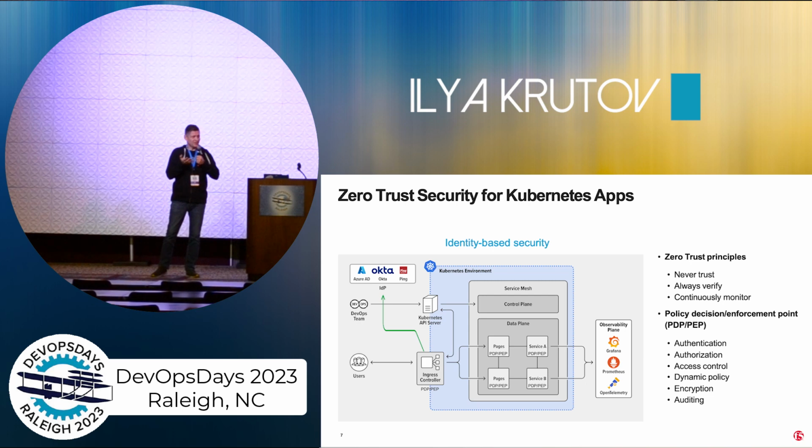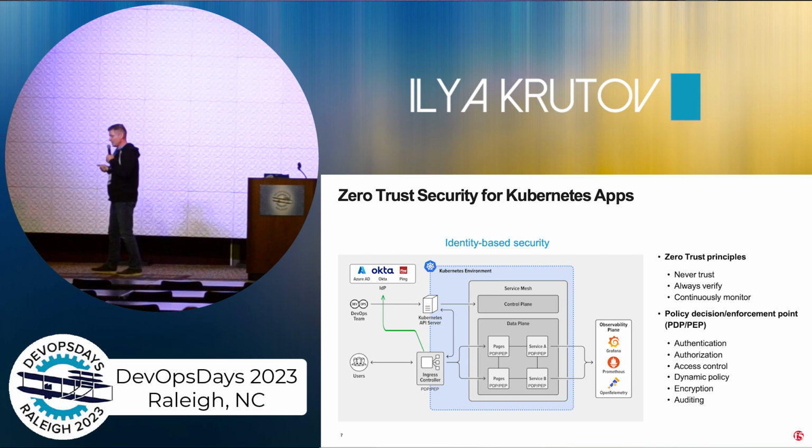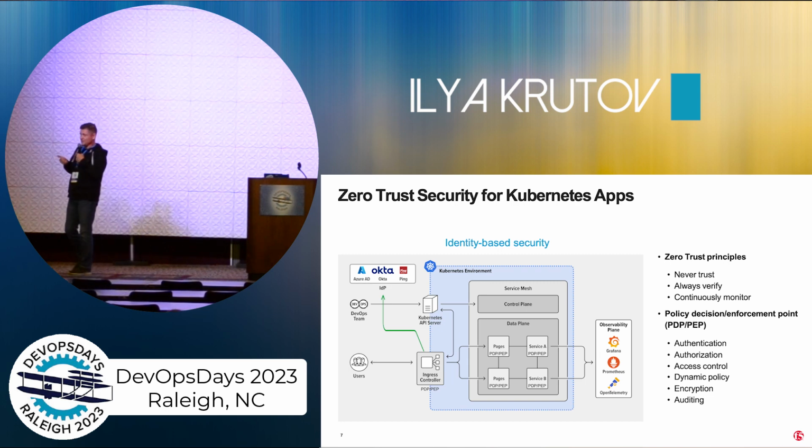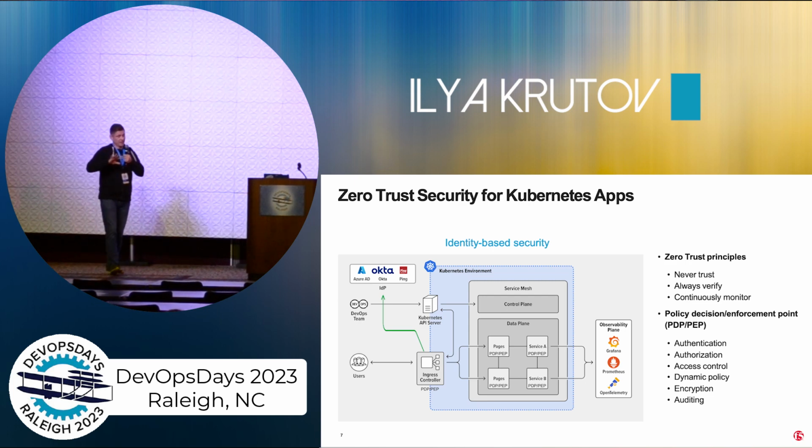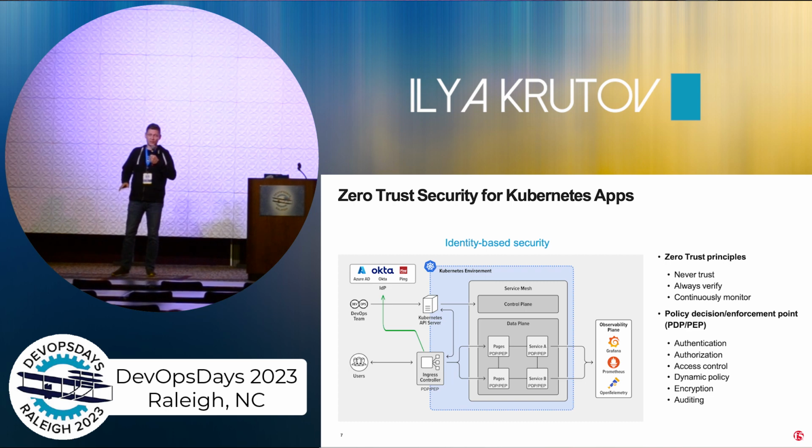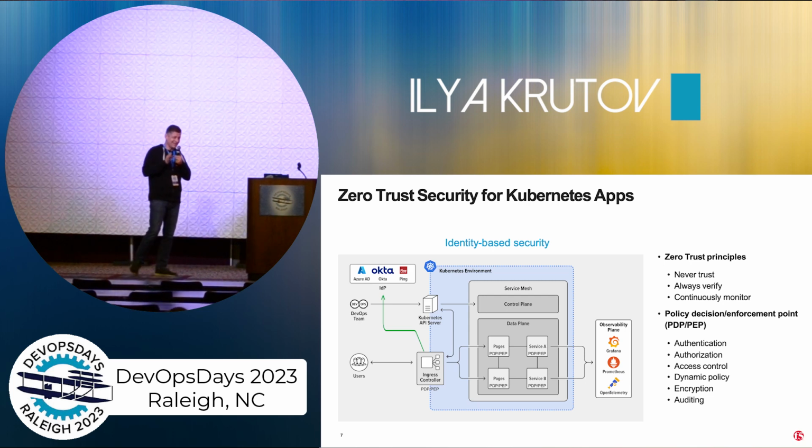Policy decision and policy enforcement points can be an ingress controller, which controls security for the entire cluster, or potentially, if it's one application per cluster, for the entire application. Or it can control service-to-service communications, in this particular case with a service mesh, and then those elements running aside of your application will perform the policy decision and policy enforcement functionality.